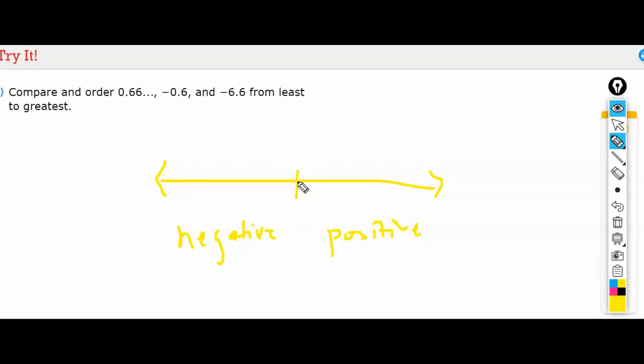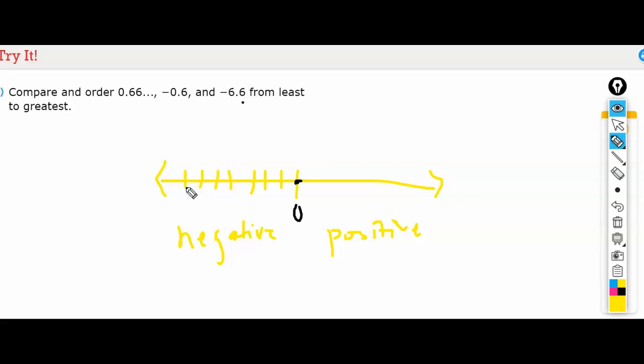So here is 0, and so negative 0 and 6/10, and negative 6 and 6/10 will be on the left hand side. So let's make some tick marks. 1, 2, 3, 4, 5, 6.